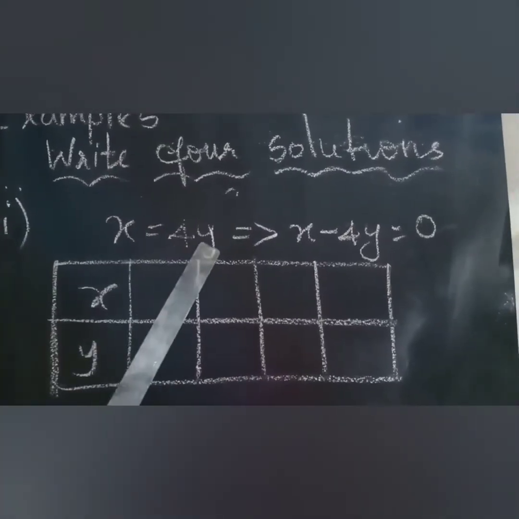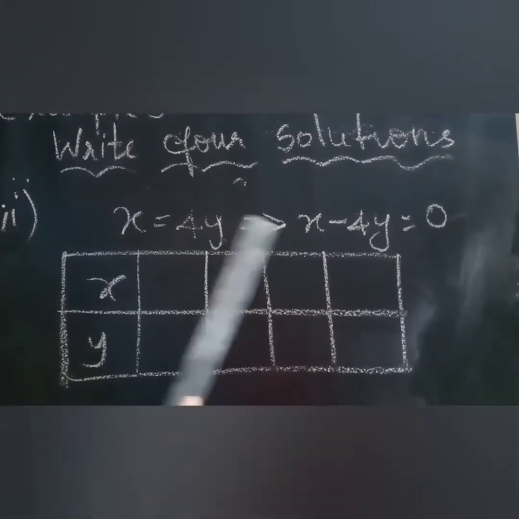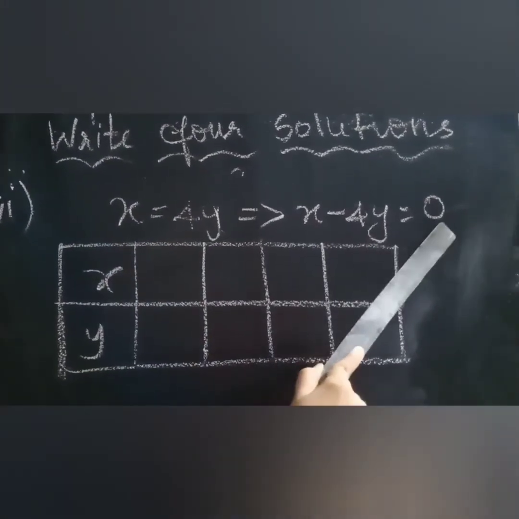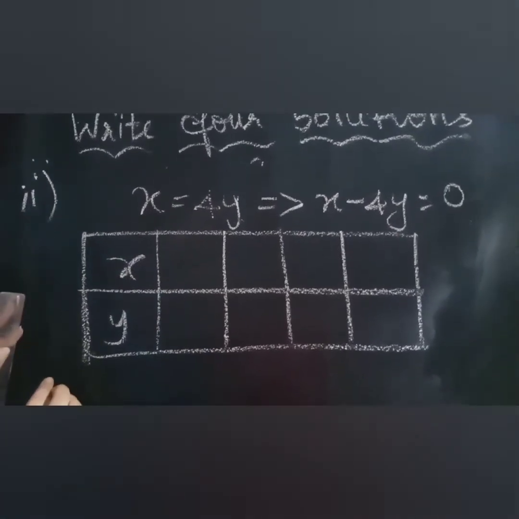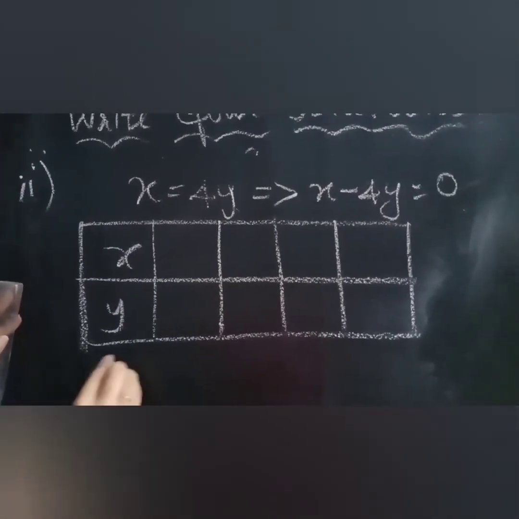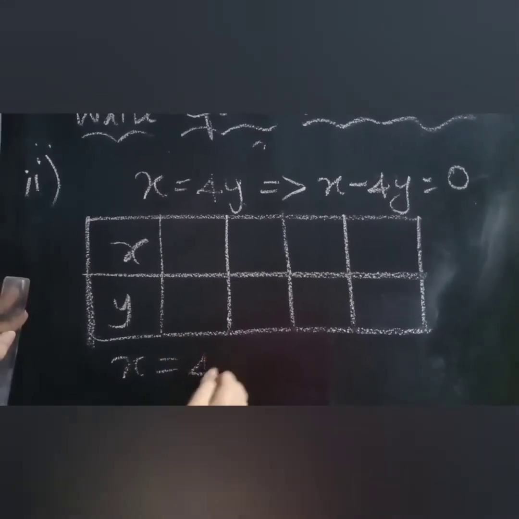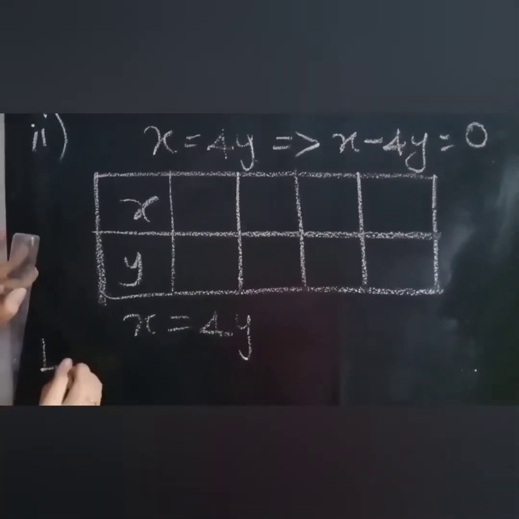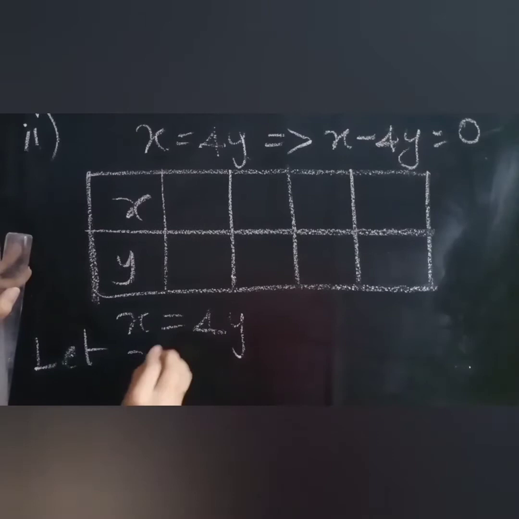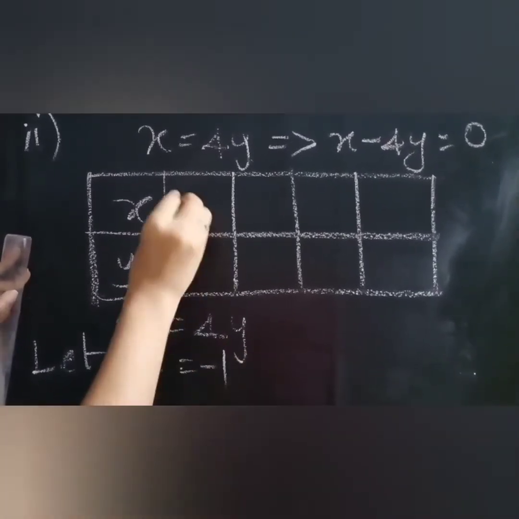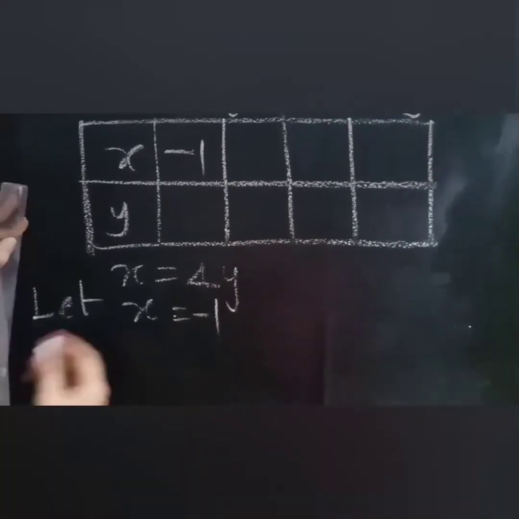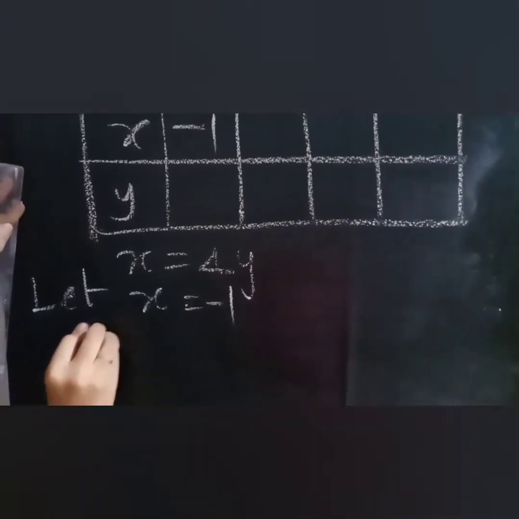Write four solutions of the equation x equal to 4y. If you write the given equation in the form of a linear equation in two variables, you can write x minus 4y equal to 0. Okay, let's find the solutions of the given equation x equal to 4y. You can give any value, but here I am giving x equal to minus 1.